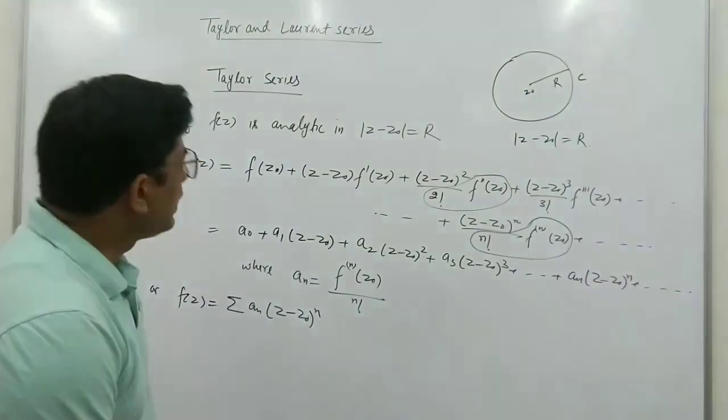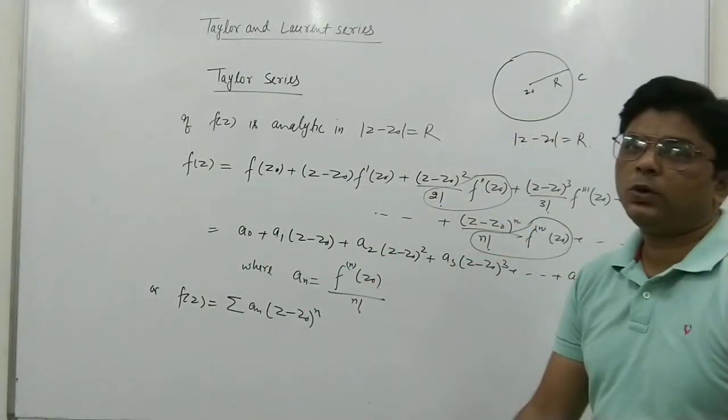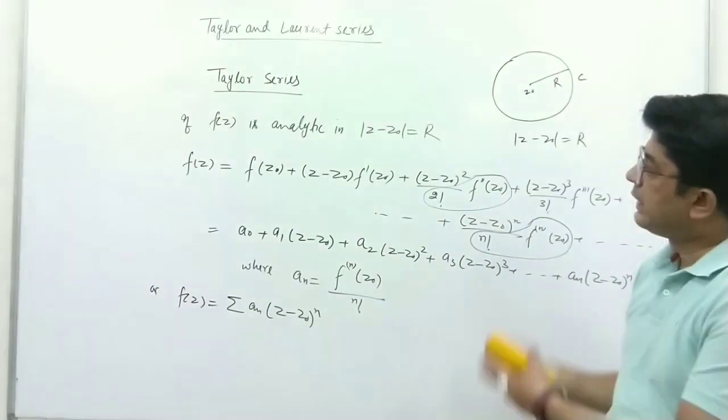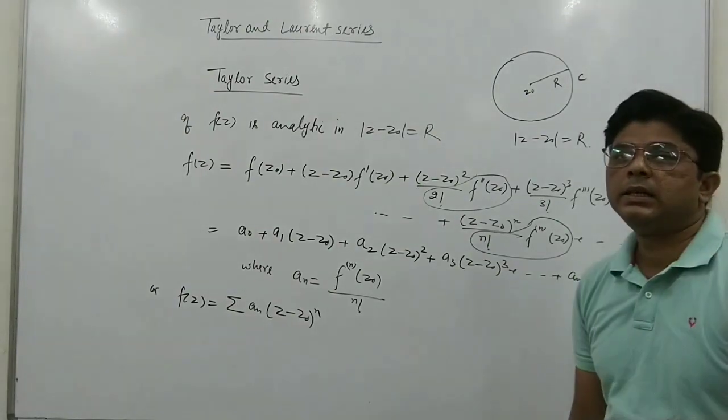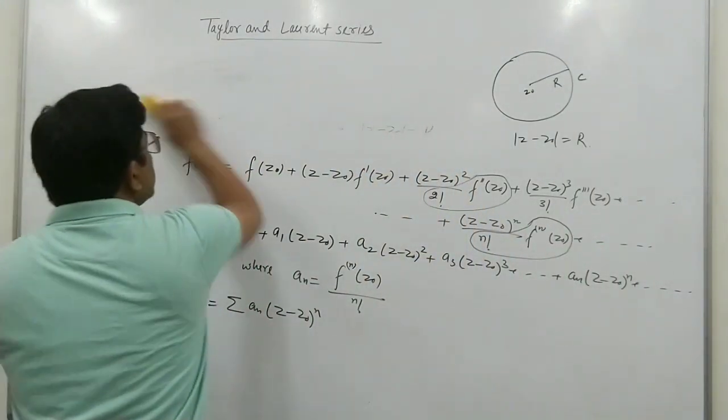Similarly, if we take z0 equal to 0, the origin, then we can write a similar series, and that series is called Maclaurin series.